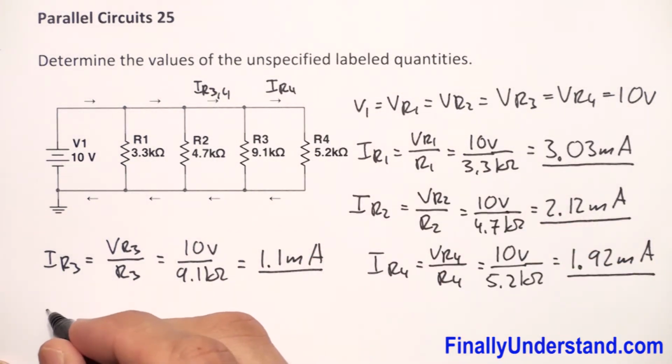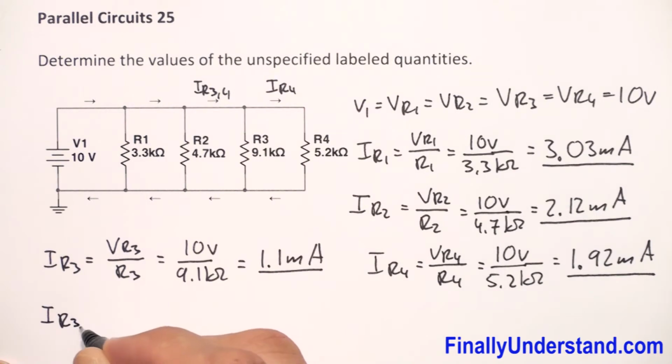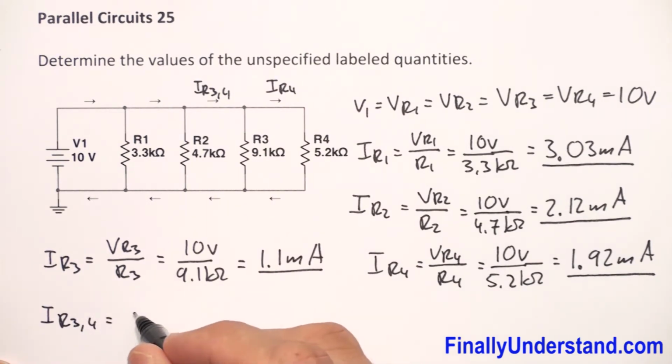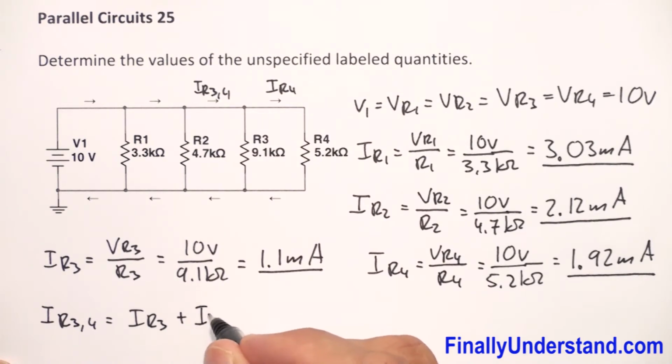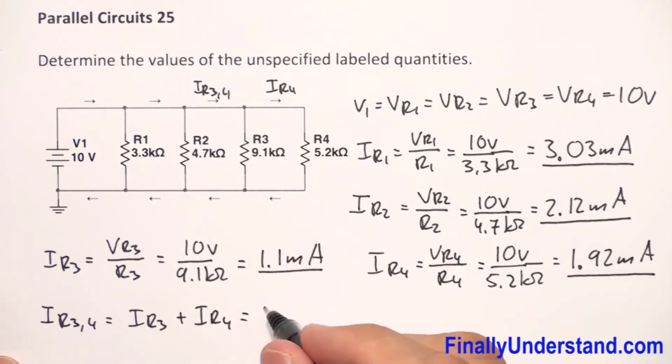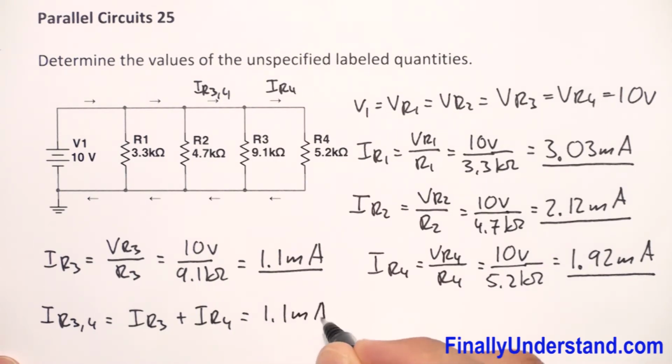So IR34 is equal to IR3 plus IR4. IR3 is equal to 1.1 milliamps plus IR4, which is equal to 1.92 milliamps.